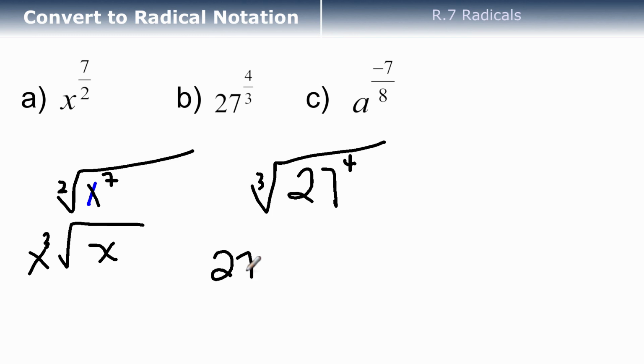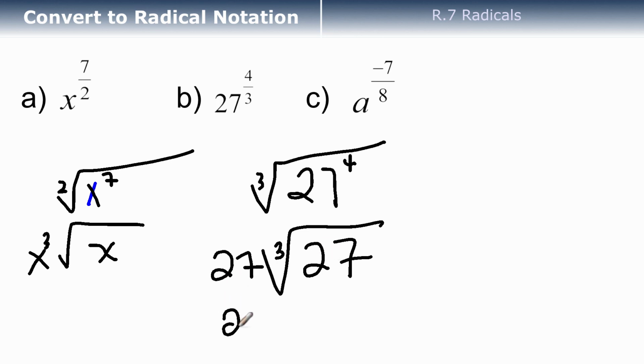So there's 1 27 out, and then I'd be left with just 1 27 inside. But then the cube root of 27 is 3, right? So that would be 27 times 3, which is equal to 81. So the answer to that question would be 81. Similar with this one, it's negative, so you'd have to flip it to the bottom.